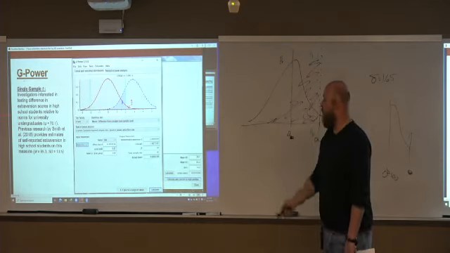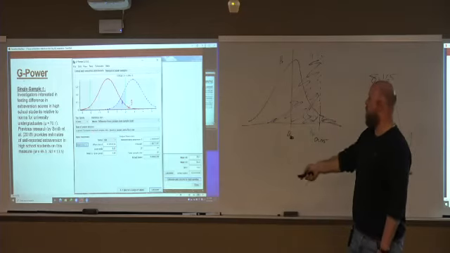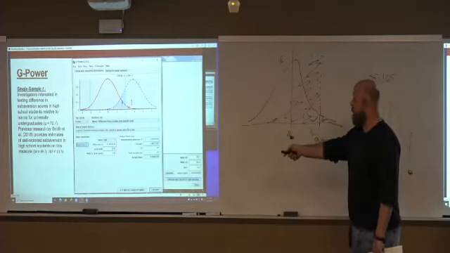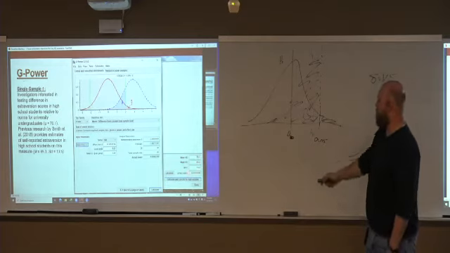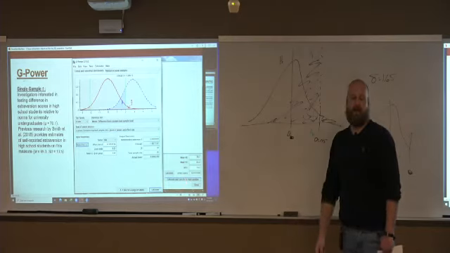Looking at a priori, we're computing sample size based on alpha, power, and effect size. Here we want a 2 sample test. For my effect size, I can hit determine, and it'll ask me my mean under my null, my mean under my alternative, and my standard deviation. We'll just calculate an effect size for you. You can calculate and transfer to the main window.